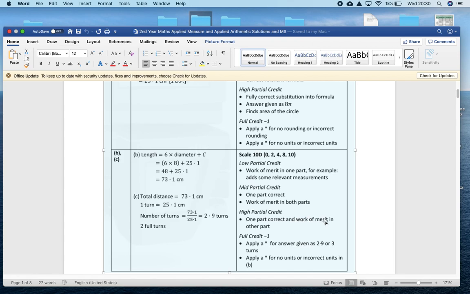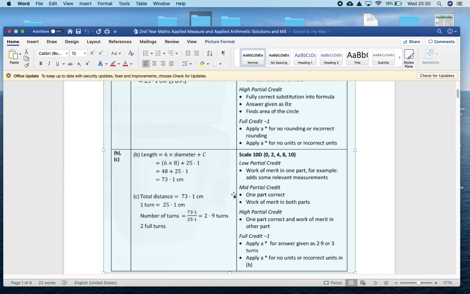You need one part correct and work of merit in the other part. Work of merit means that you did something right. So like if you got the 73.1 and, I don't know, you did this division, that would be work of merit. In this one, there's a mid partial credit because there are more marks, but again, you just drop down. So the mid partial credit is your 4, and then your low credit is your 2.